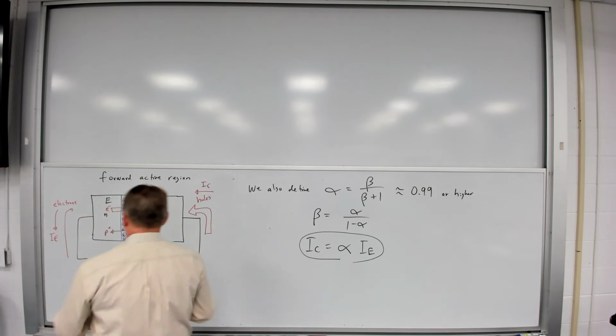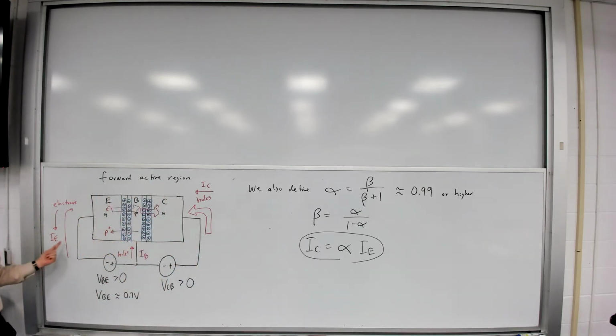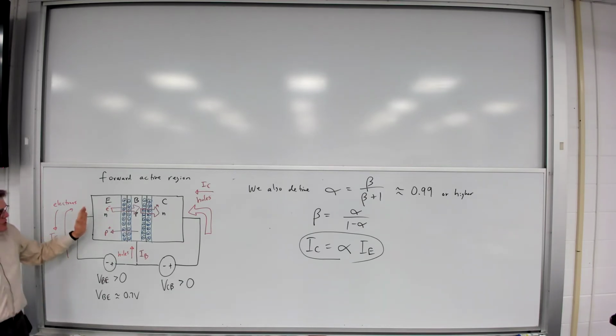So keep in mind what happens in a p-n junction. As these p-type holes drift across, they're annihilated by the electrons. They recombine. As the electrons drift into the base, they're annihilated by the holes, which is what we saw before for the p-n junction, for the simple diode. But in this case, because so many more electrons cross this depletion region than holes, they don't recombine immediately.